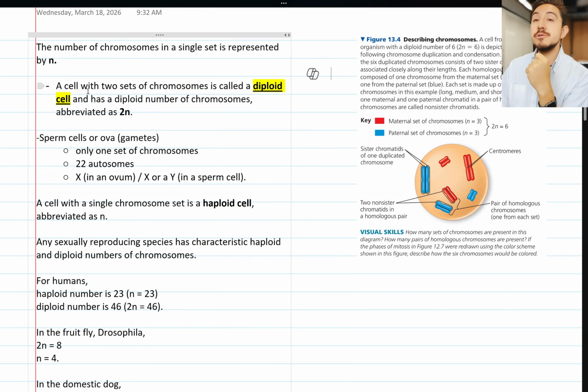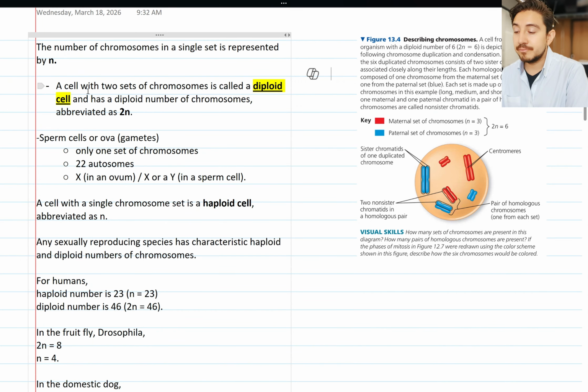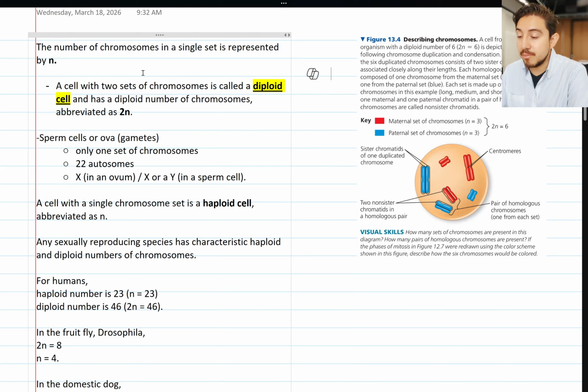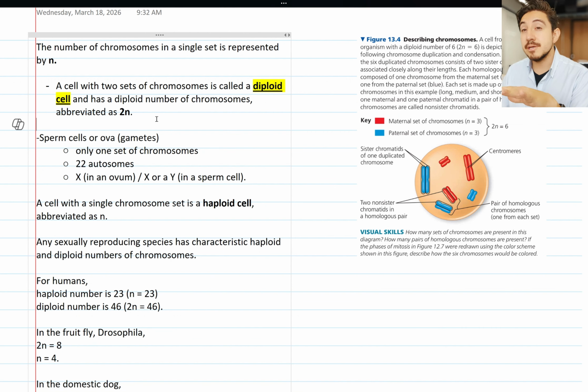So a cell with two sets of chromosomes is called a diploid cell. Each has a diploid number of chromosomes, and it's abbreviated 2N. Each of our cells in our body right now, with the exception of the sex organs that are producing sex cells, are diploid.